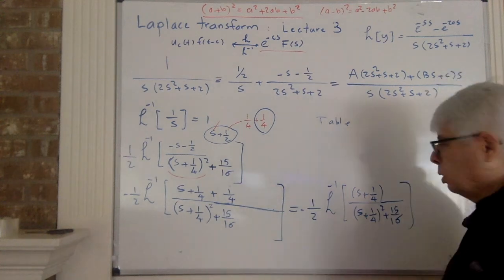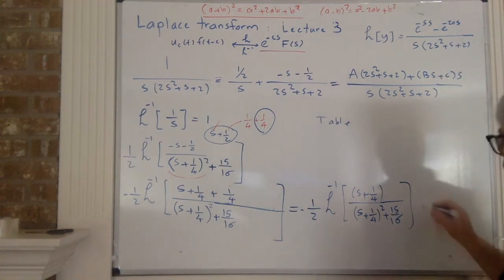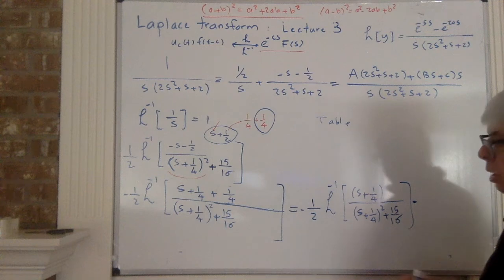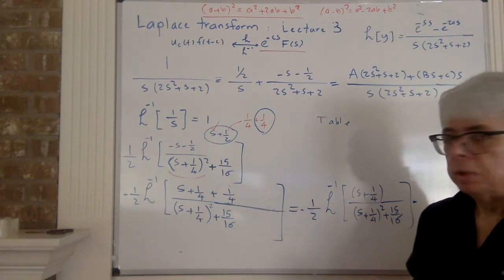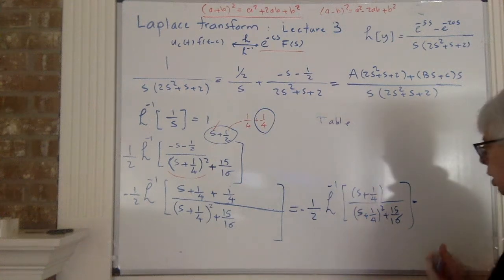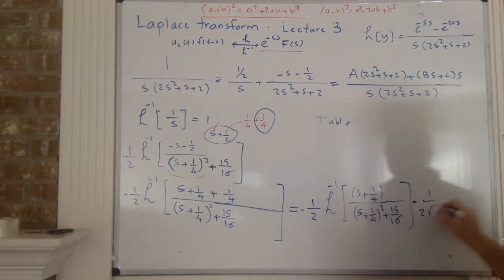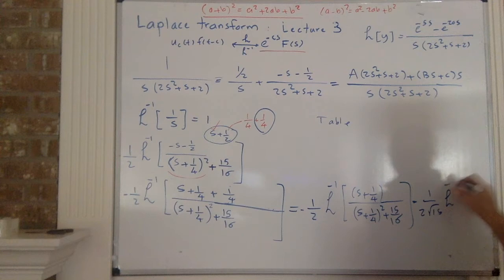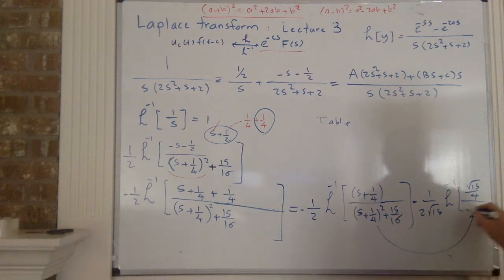I know this is like cosine of something. And minus 1/2, then I need square root of 15 over 4, so I just multiply by square root of 15 and divide by square root of 15. So I have minus 1 over 2 square root of 15, L inverse of square root of 15 over 4, divided by the same thing.